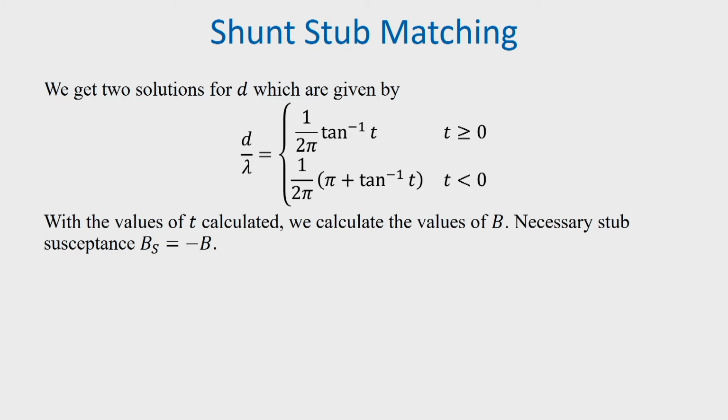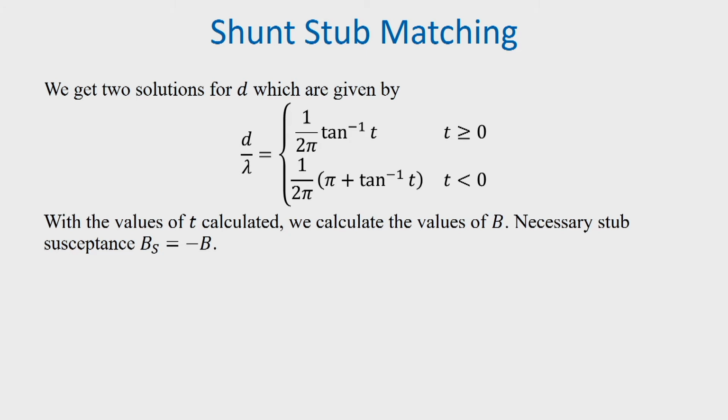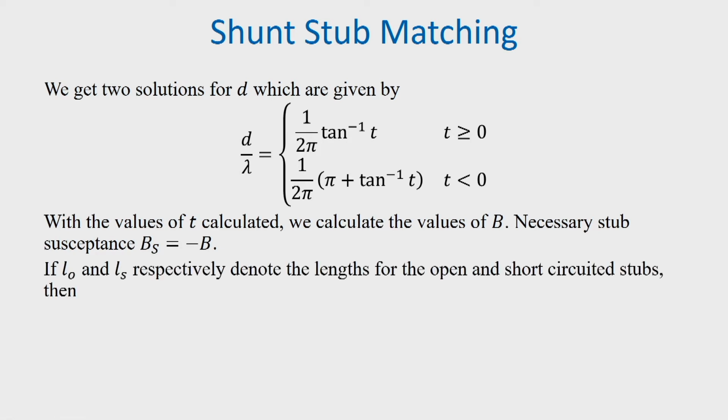Once the values of T are calculated, we can calculate the value of B by substituting the value of T in the expression for B. Since we have two solutions for T, we will also get two solutions for B, and the necessary stub susceptance Bs is equal to minus B. Let us denote the length of the open and short circuited stubs by LO and LS.